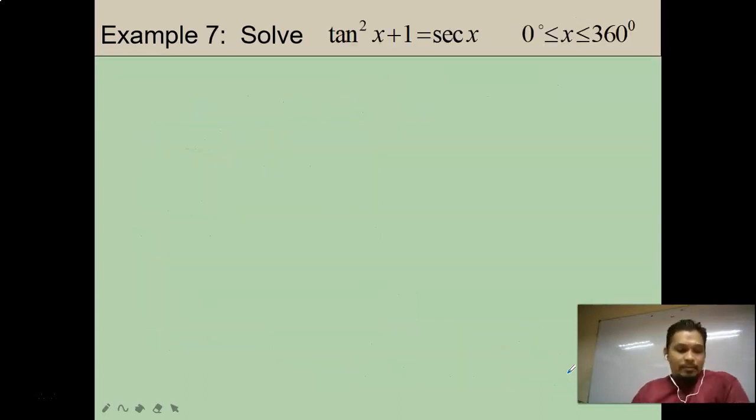Okay, now for tangent square x plus 1 equals secant x.